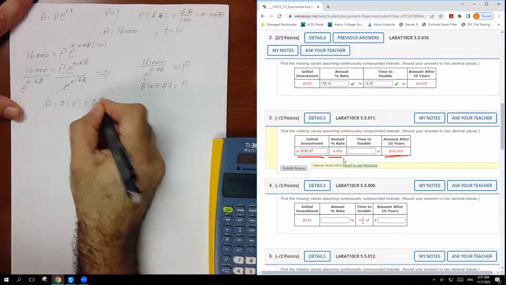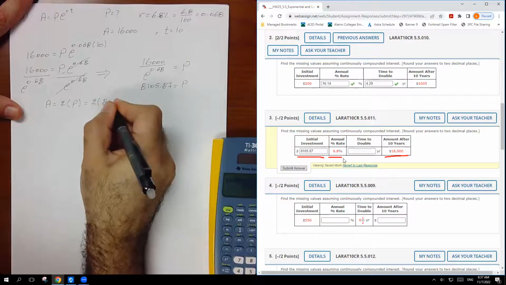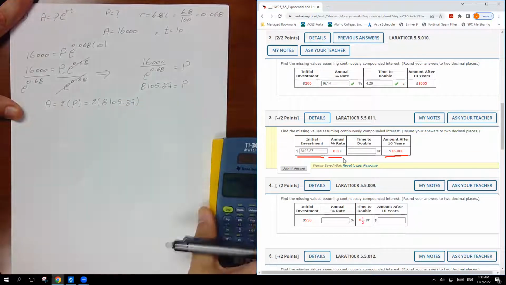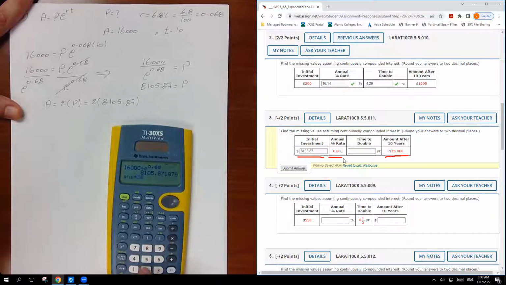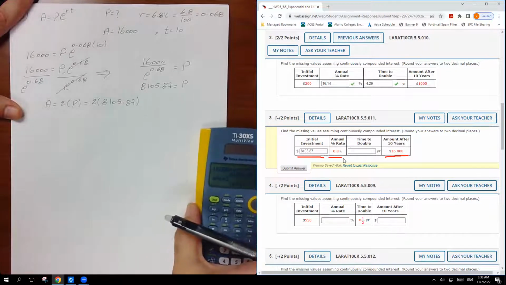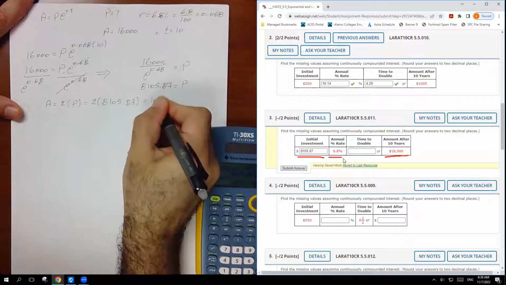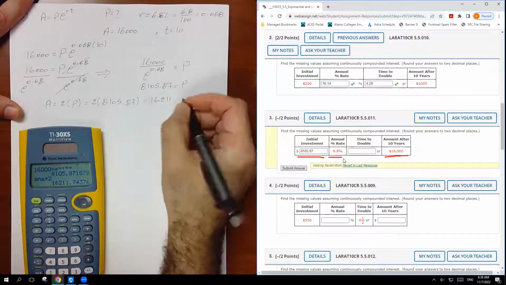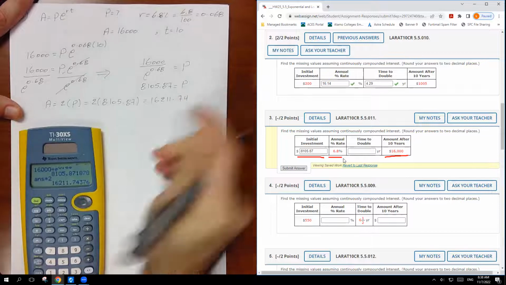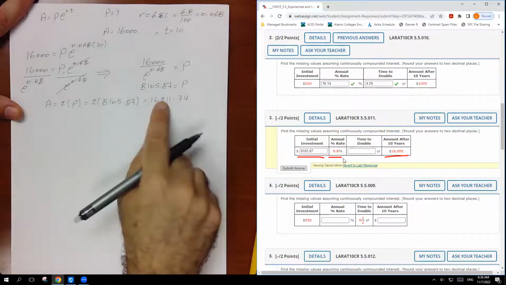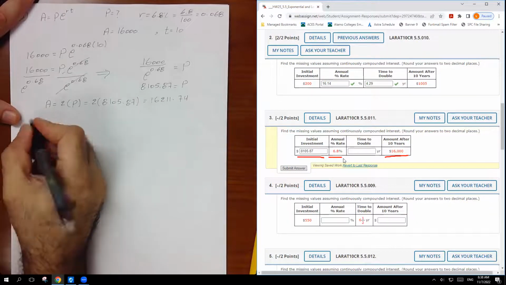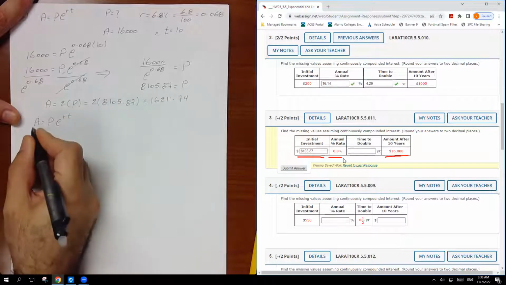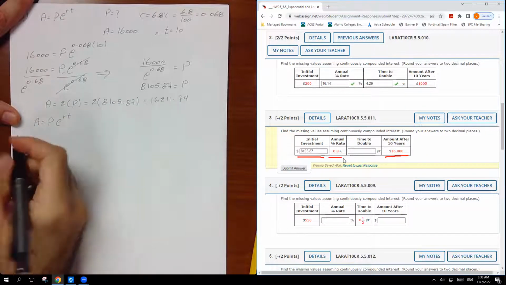The invest is 8,105.87. So I'm going to multiply this one by 2. So it's going to be 16,211.74. So this is the double amount. We need to find the time. That means we're going to use the same formula, A equal P e^(rt). Your future amount now is going to be this one.